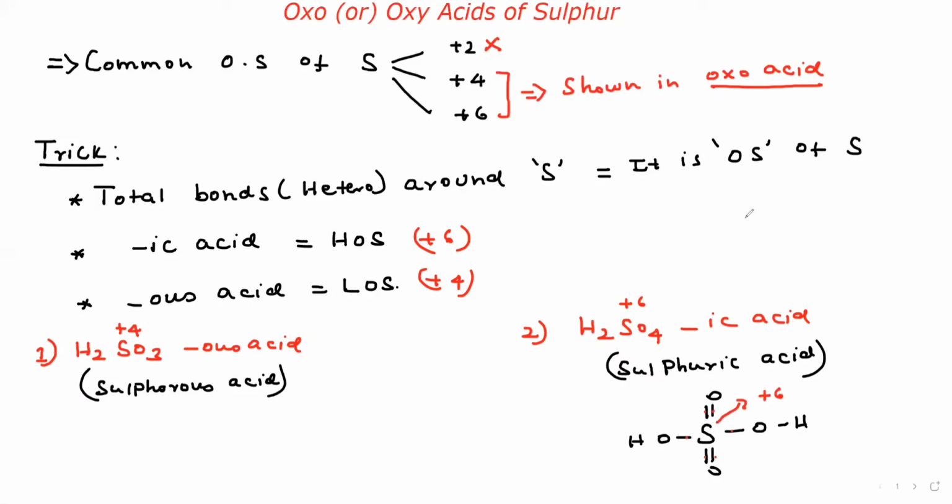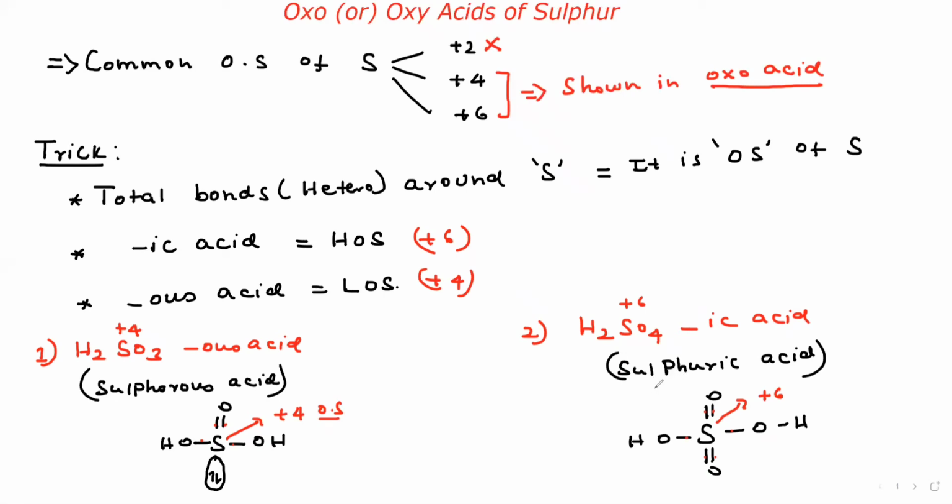Go for sulfurous acid: S double bond O, then OH, OH and one lone pair, because sulfur has 6 valence electrons. How many hetero atoms? 1, 2, 3, 4. Therefore it is the +4 oxidation state. These are the two common oxyacids of sulfur, H2SO3 and H2SO4.